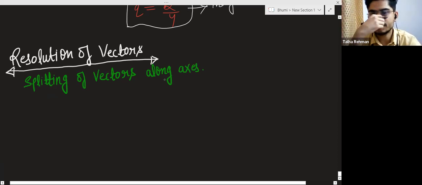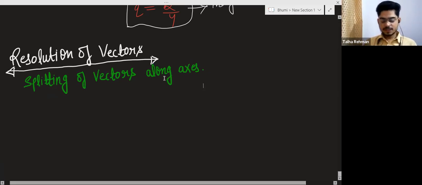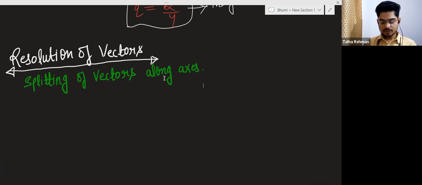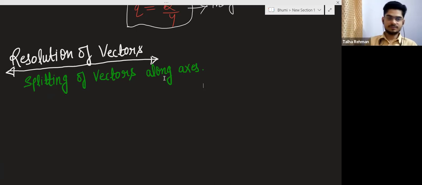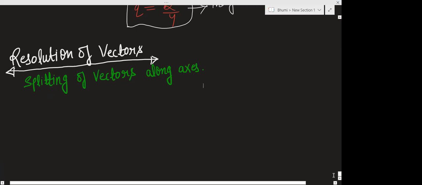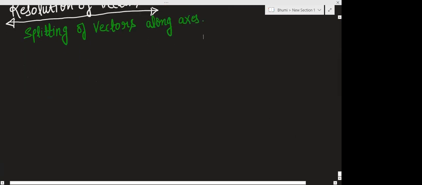You can split the vector along x-axis, along y-axis, along z-axis. So here we will split the vector along x-axis and y-axis only.